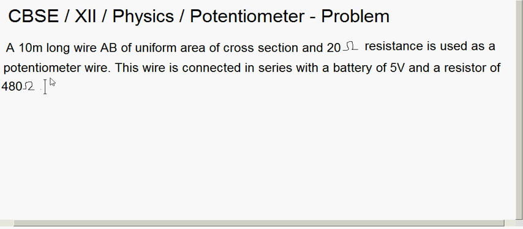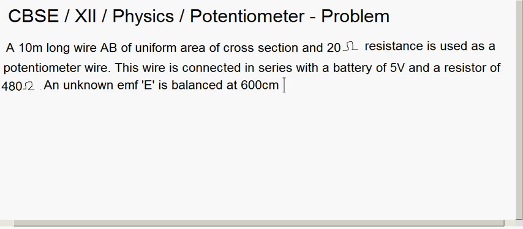An unknown EMF E is balanced at 600 centimeter of the wire as shown in the figure.